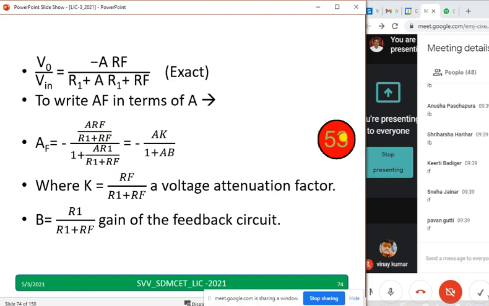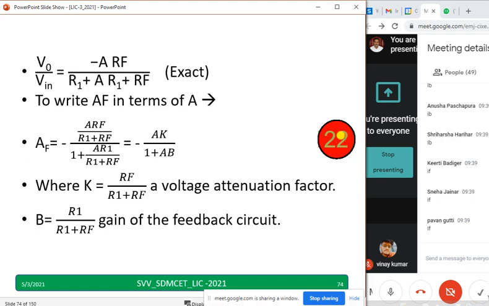To write AF in terms of A, divide the numerator and denominator by R1 plus RF. You got A into K by 1 plus AB. K is RF by R1 plus RF. B is R1 divided by R1 plus RF. Don't interchange. In the exam, remember B is R1 divided by, K is RF divided by.